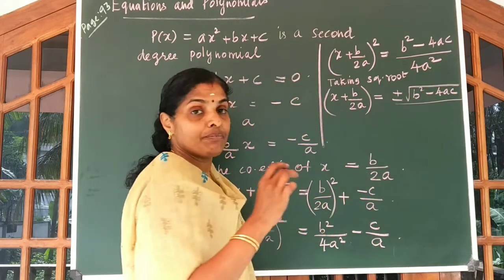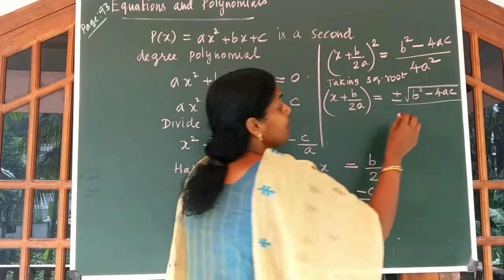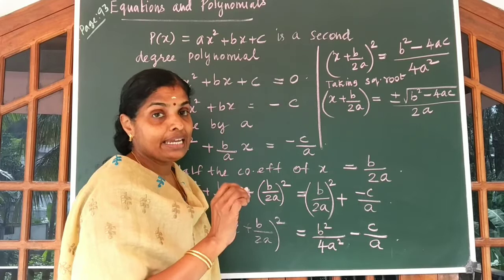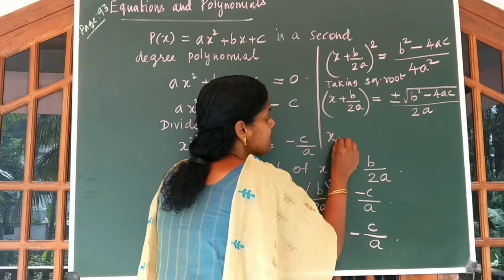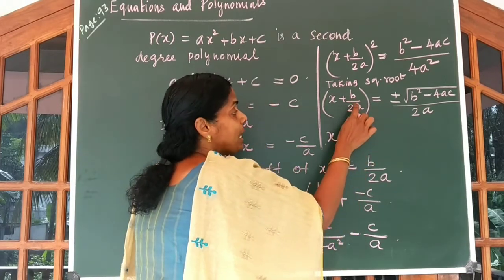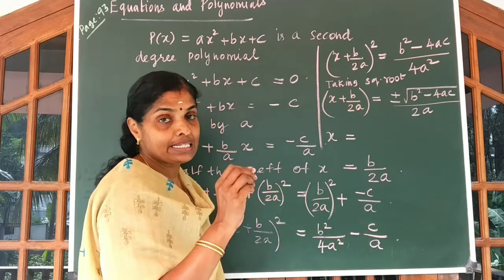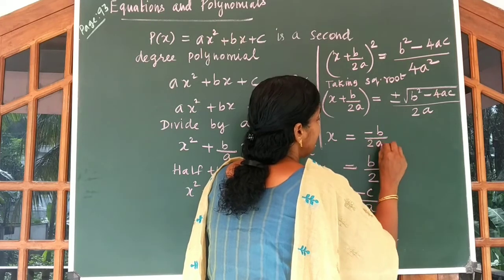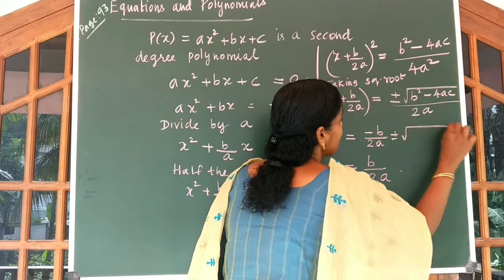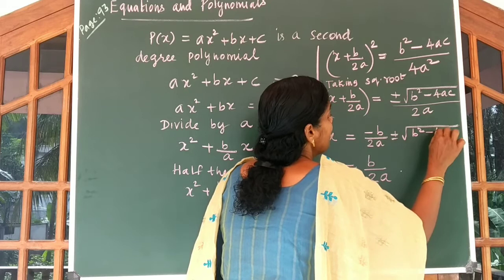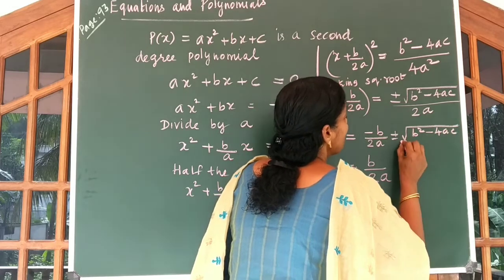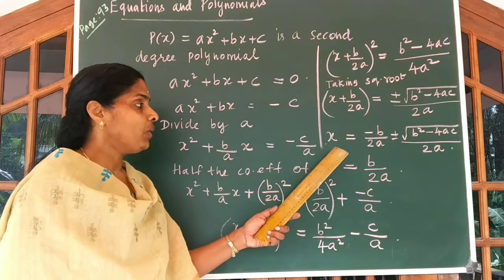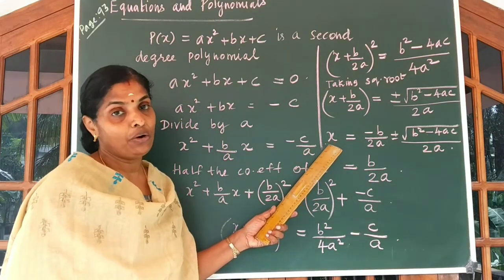When you take the square root of 4a square, you get 2a, or otherwise we can write it as a formula. X is equal to, take b by 2a to the other side. So you get minus b by 2a plus or minus root of b square minus 4ac whole thing divided by 2a. This is the formula to find the value of x.